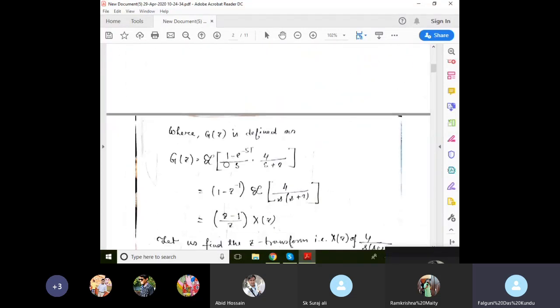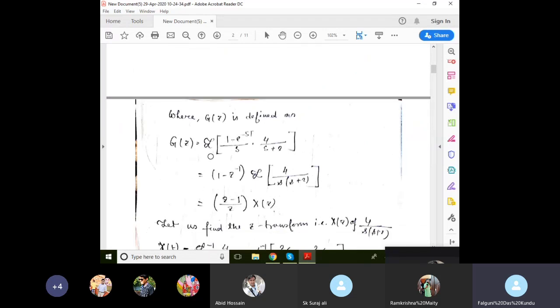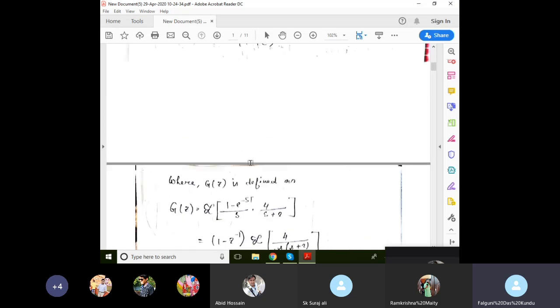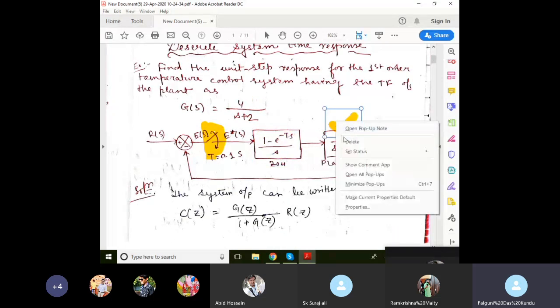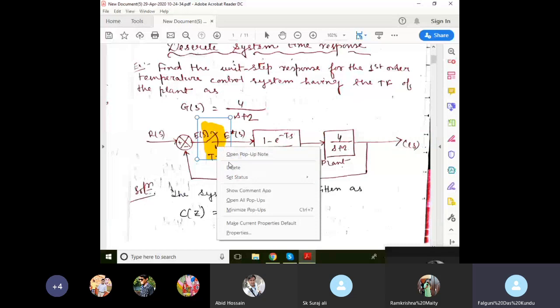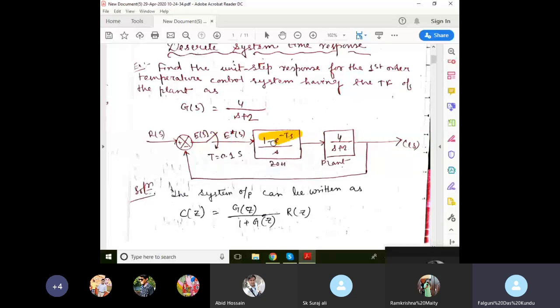Now, what is G(z)? G(z) is the z transform of (1 minus e to the power minus Ts) by s, into 4 by s plus 2, that is the multiplication of these two terms.